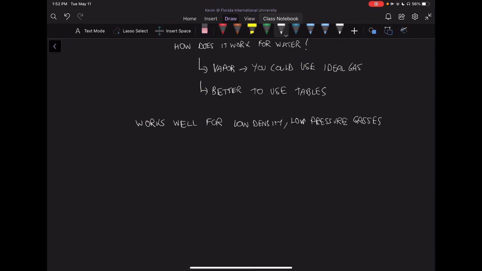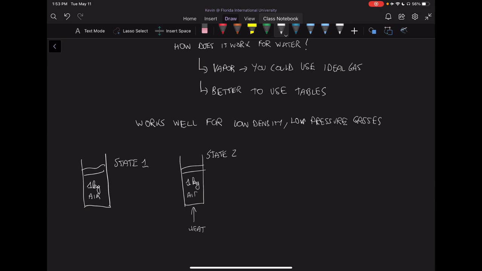So let's say we have a piston cylinder assembly and we have 1 kilogram of air in state one, and then we still have that kilogram of air in state two, and maybe we just added heat between the two so we have a different temperature or different system, but we still have the 1 kilogram of air.